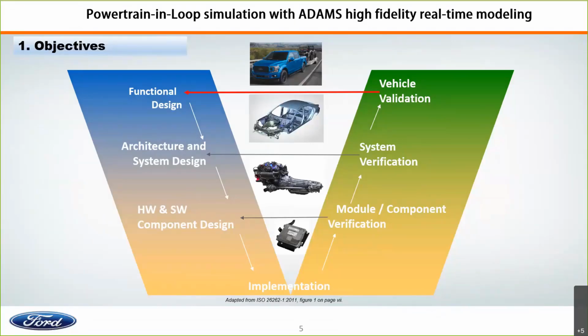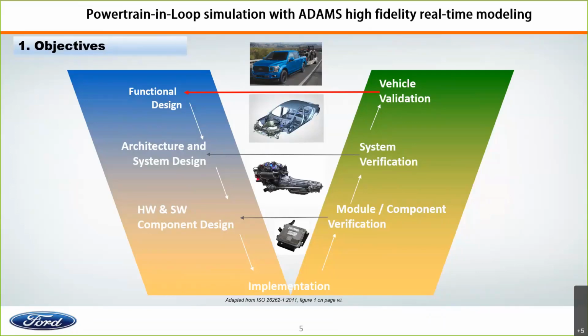I think everyone at this event may be very familiar with the systems engineering V shape, because modern automotive companies follow this V shape in their development process to roll out their product.